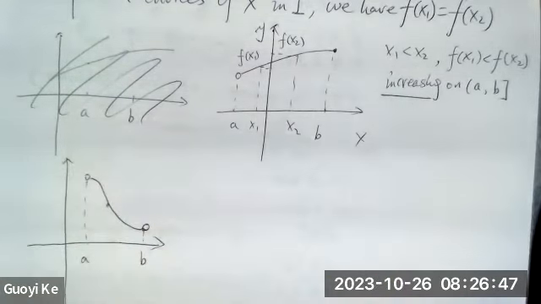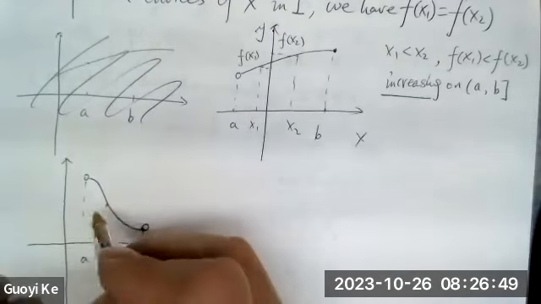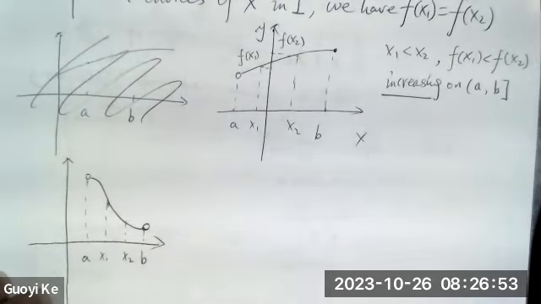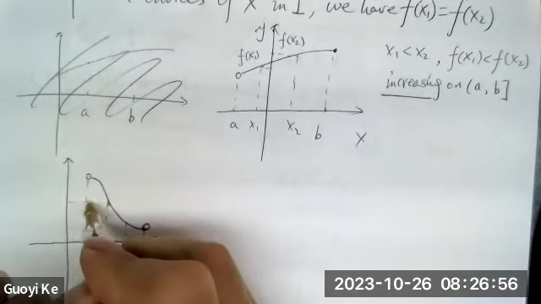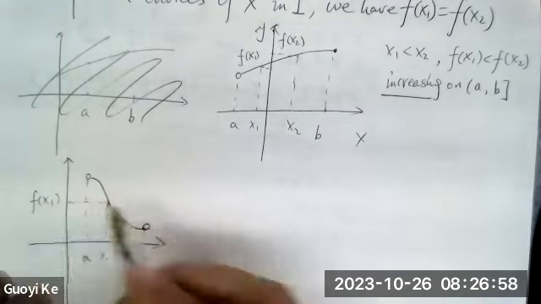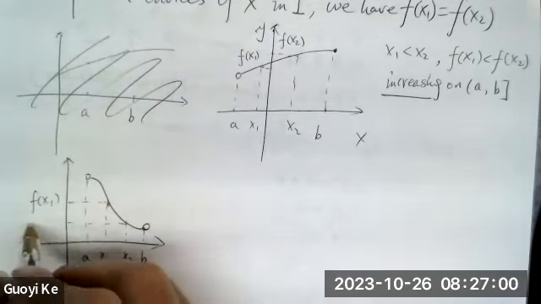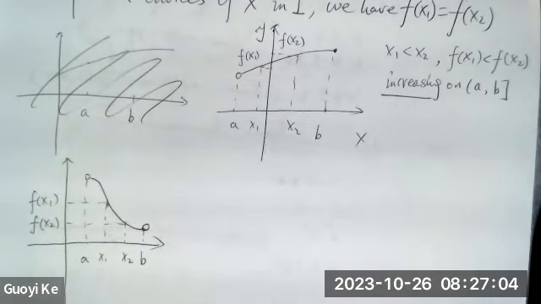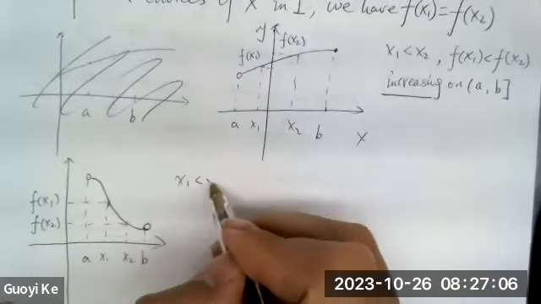Okay. And for the second case, we'd rather pick x1, x2. And here we have f(x1), and we have y value f(x2). Now we can see x1 is less than x2.